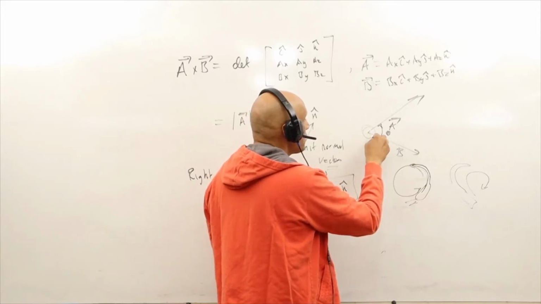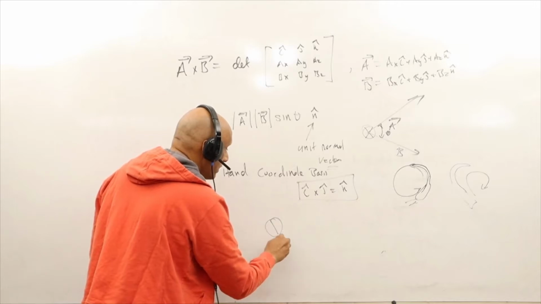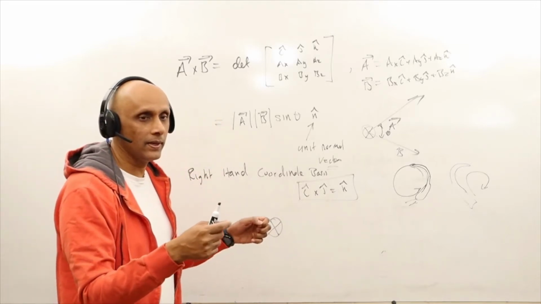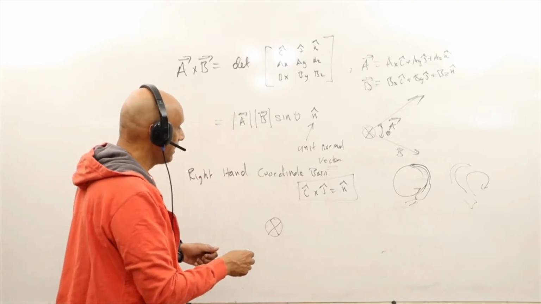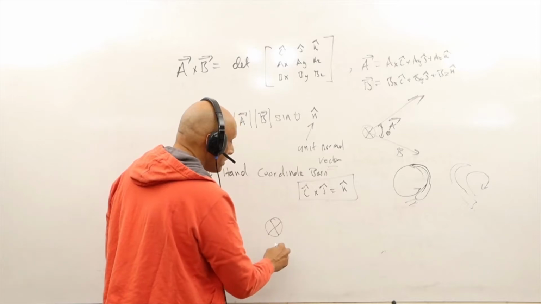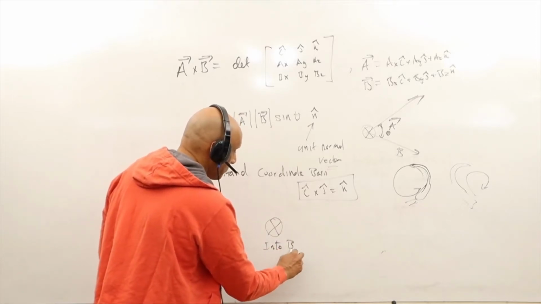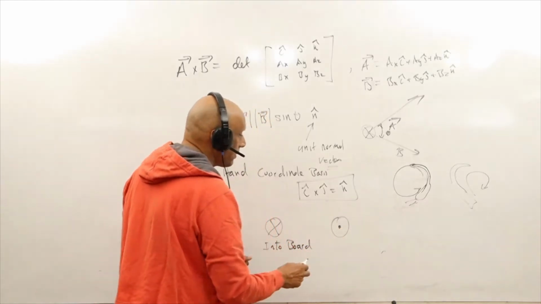A normal vector going into the board is denoted by an X. Remember, a vector drawn into the board is drawn with an X. It's supposed to be the back end of an arrow, where you're seeing the feathers of the arrow. And if something is coming out of the board, it's drawn the other way.